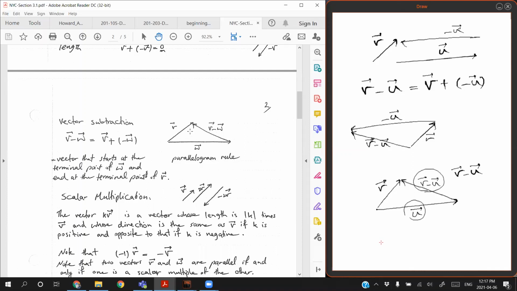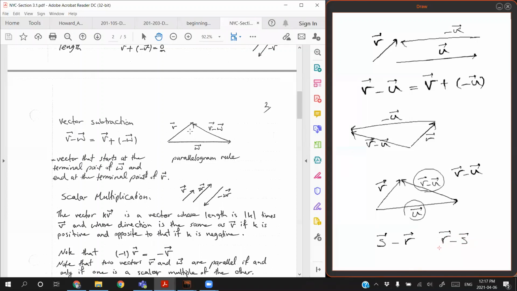So let's say you have two vectors s and r. If I do s minus r, this is going to be the vector that begins at the end of r, begins at the terminal point of r, and ends at the terminal point of s. But if I have r minus s, it's going to be the other way around. So this vector is going to be the vector that begins at the terminal point of s and ends at the terminal point of r.